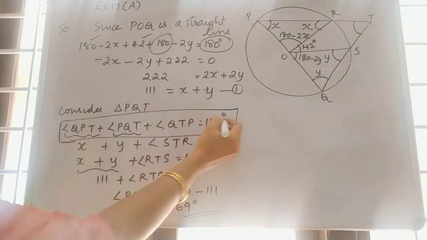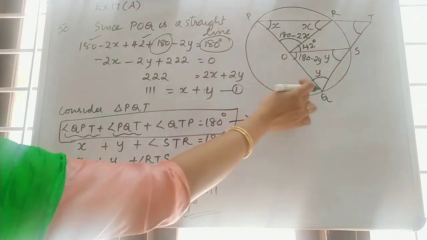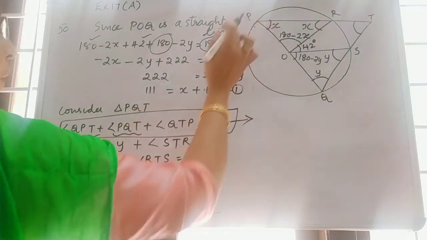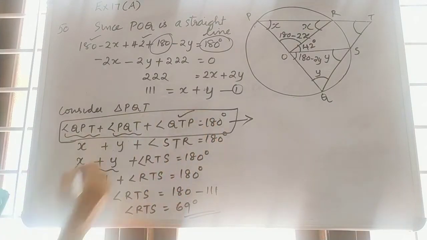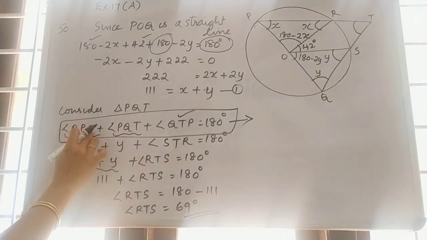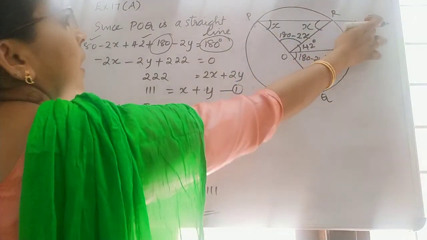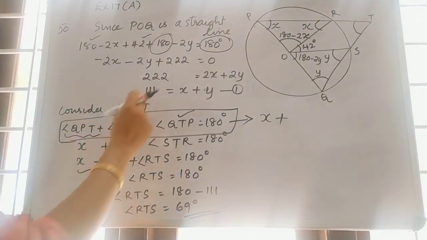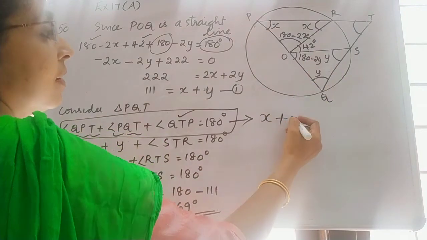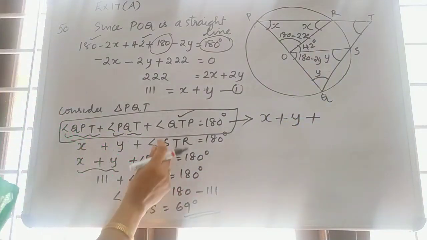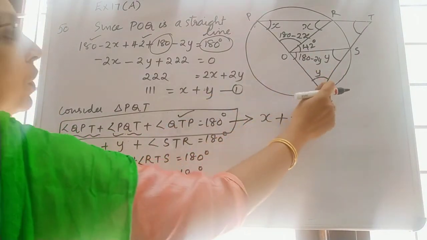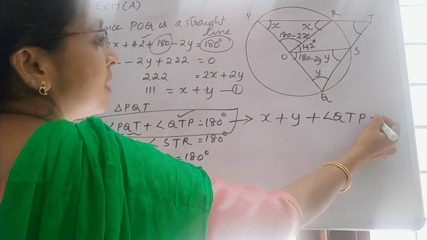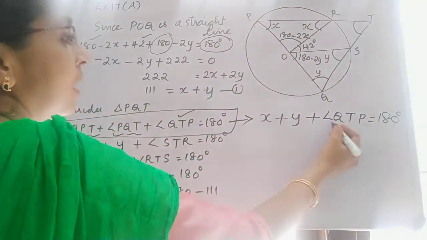That means we can write QTP, we want to find out. QPT is x, PQT is y, plus QTP. We want to find out angle QTP, and the sum is 180 degree.